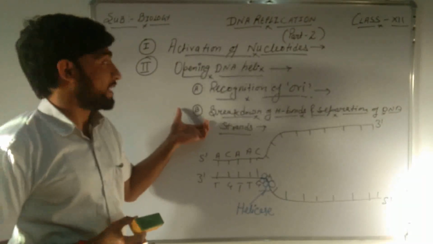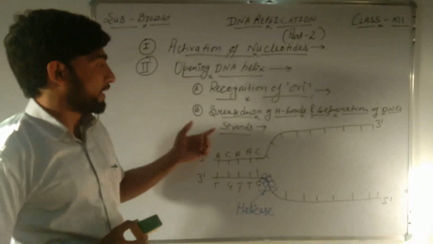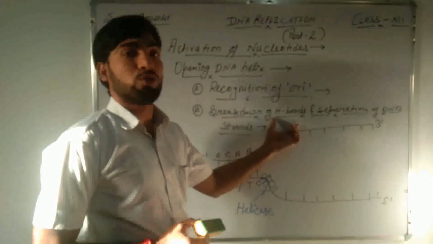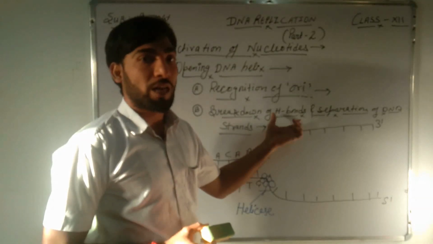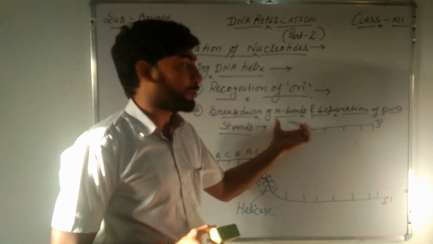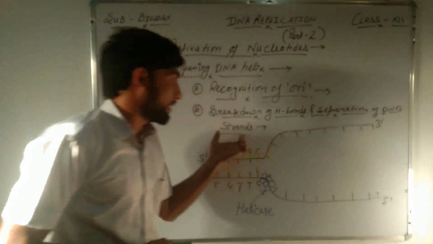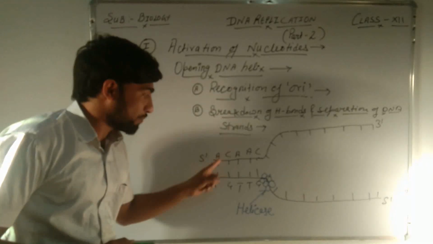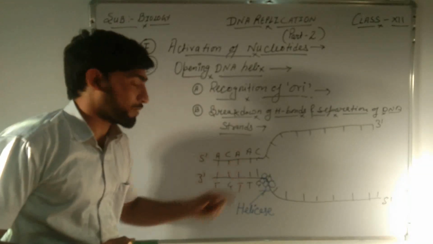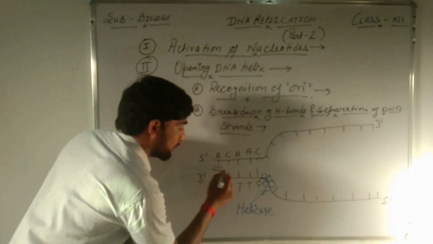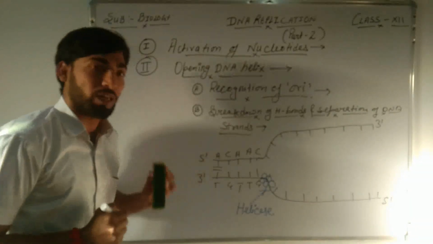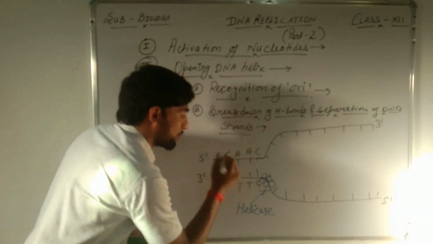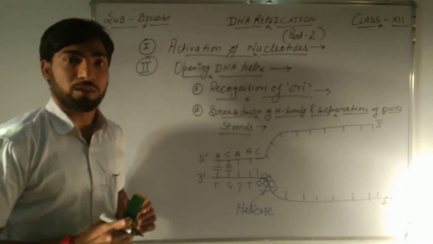Now, in the second step of opening of the DNA helix, the breakdown of hydrogen bonds between nitrogenous base pairs occurs, due to which the separation of DNA strands occurs. These are the 2 hydrogen bonds present between adenine and thymine, and 3 hydrogen bonds present between cytosine and guanine.